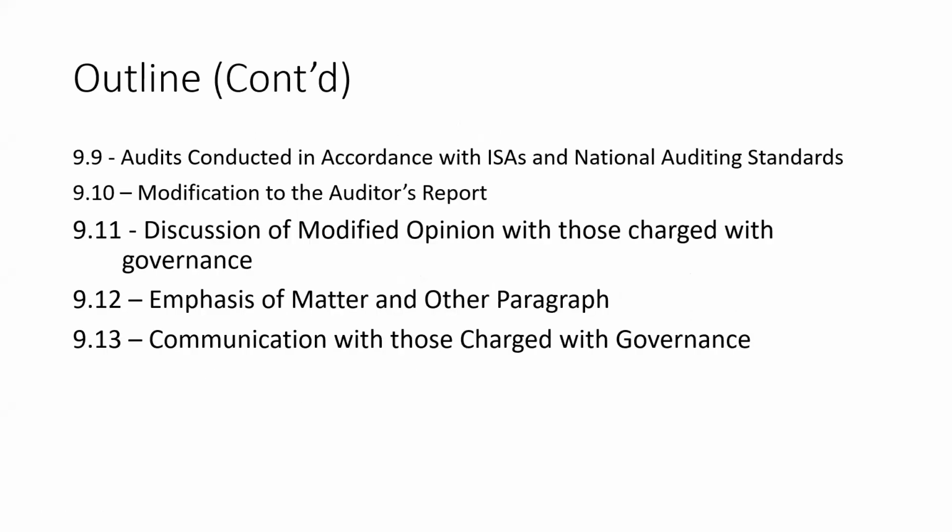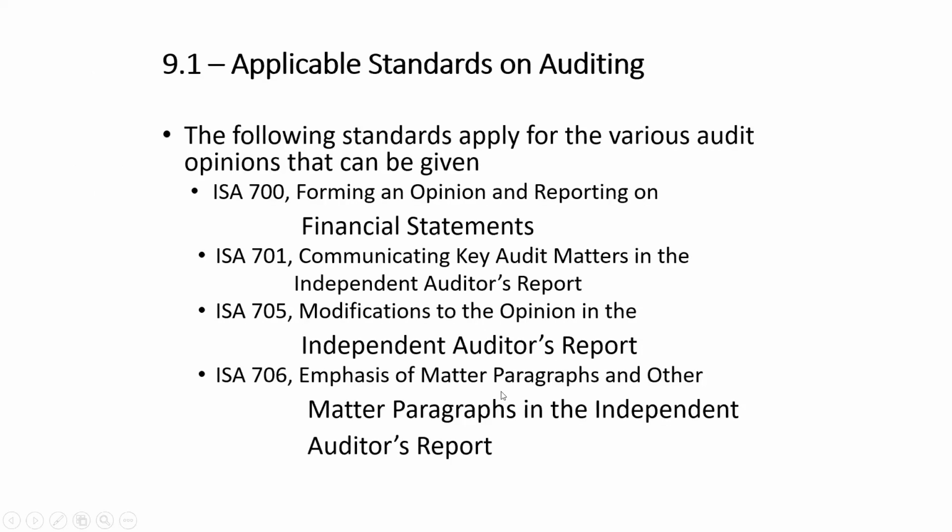And then we'll look at various opinions that the auditor can give, the basis for such opinions, and when the auditor modifies his opinion. Then we will look at the emphasis of matter and other matter paragraphs, when the auditor can give these paragraphs in an audit report. And also the communication with those charged with governance.